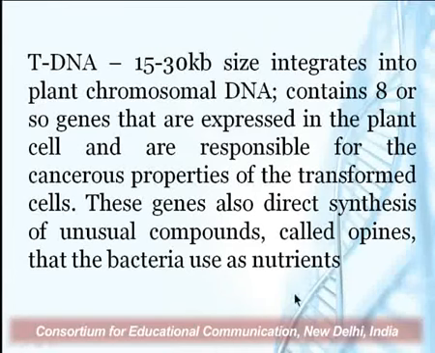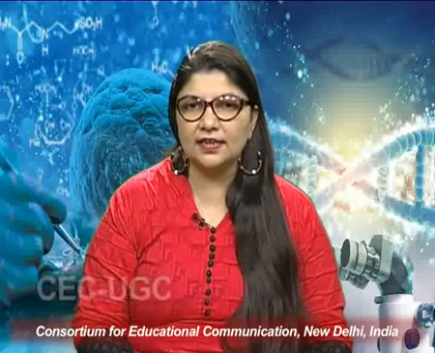So this is a very important and interesting infective cycle, because whenever there is a wound, Agrobacterium tumefaciens is going to infect that region, and this plasmid carries the 8 or so genes that are expressed in the plant cell. So these genes get introduced from the bacterium into the plant cell, and the plant cell will then express them. Some of these genes result in the production of opines, which act as nutrient for the bacterium, and therefore cancerous growth of the cells occurs, resulting in crown gall disease.